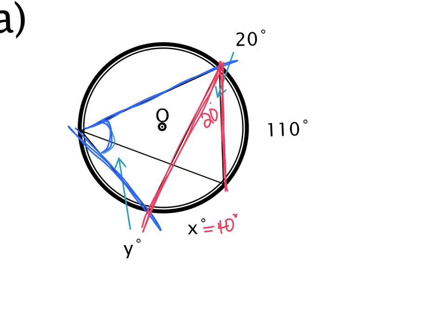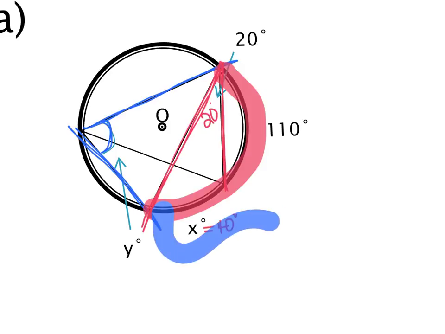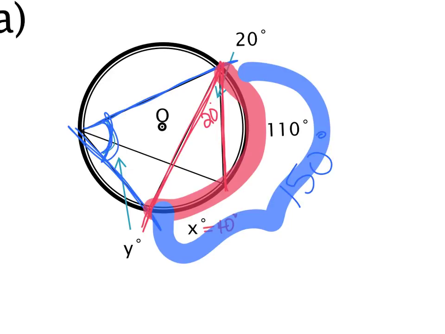So then if y intercepts this arc, first find the measure of the arc. What's the measure of the arc? It's 110 plus 40. So this is 150. So then what's the measure of this angle? 75.